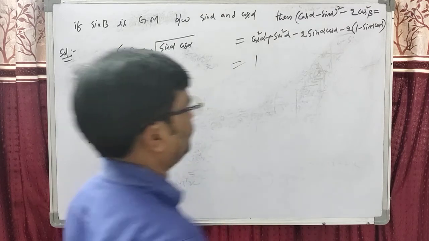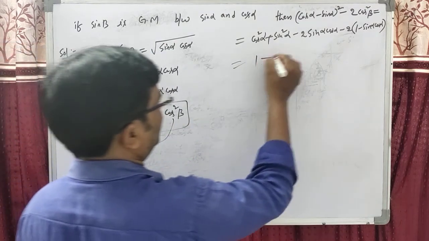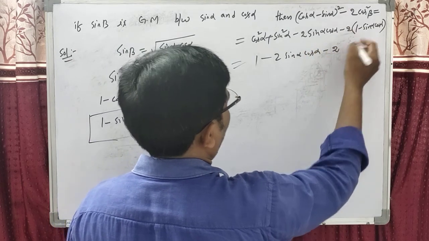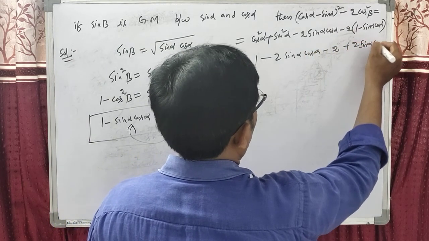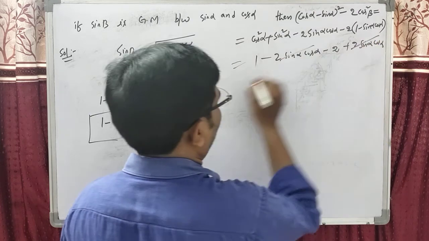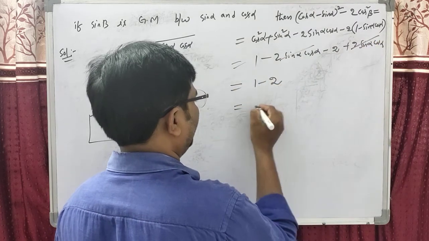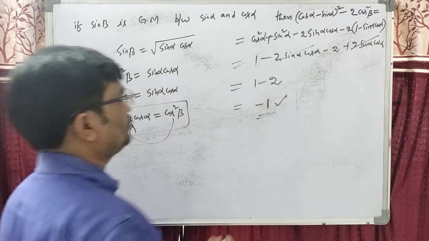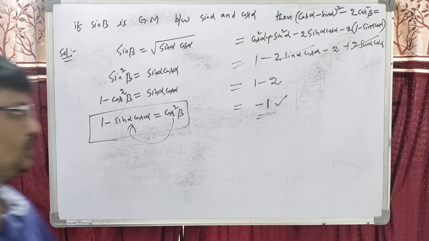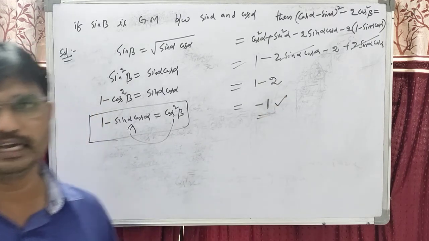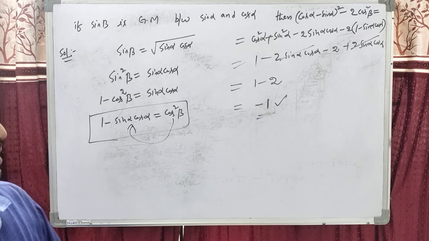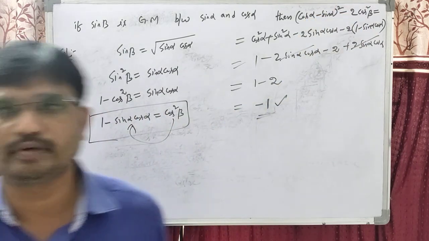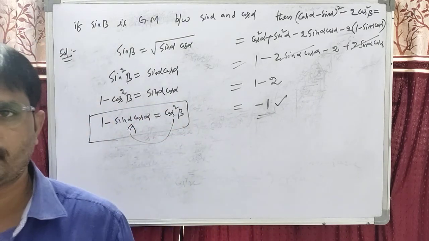This is the 1, minus of 2 sin alpha cos alpha. Minus 2 into minus gives plus sin alpha cos alpha. These two are cancelled. 1 minus 2 is minus 1. What is 1 minus 2? Minus 1. This is the value of (cos alpha minus sin alpha) whole square minus 2 cos square beta.